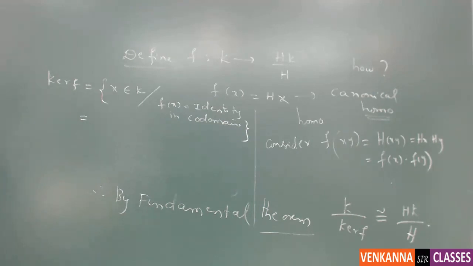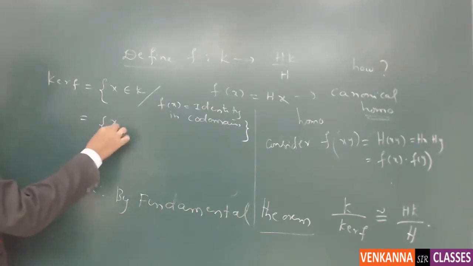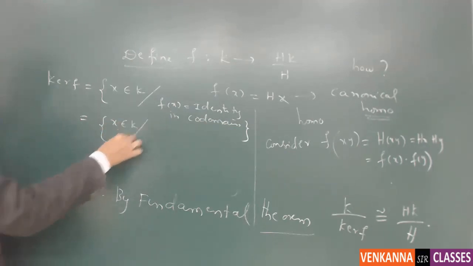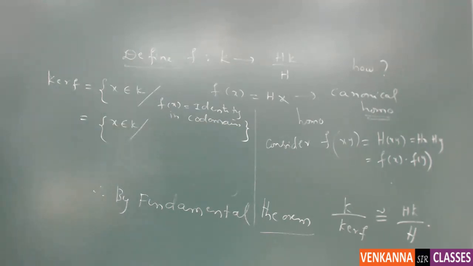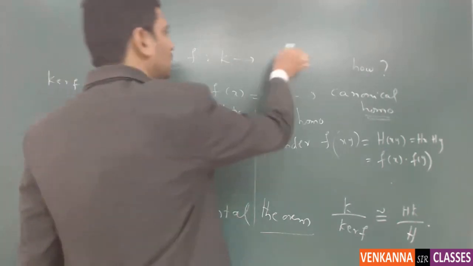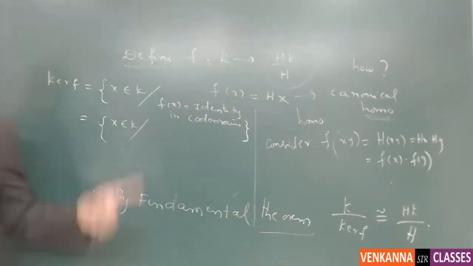This is the definition of kernel F. So this is the set of all x belonging to K such that in this codomain, what is the identity coset there?